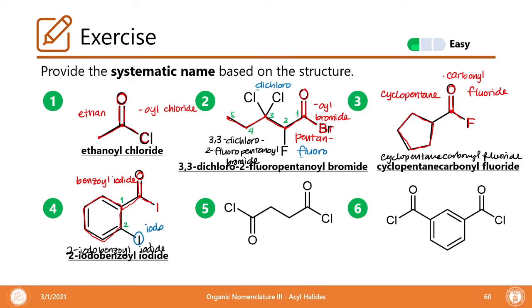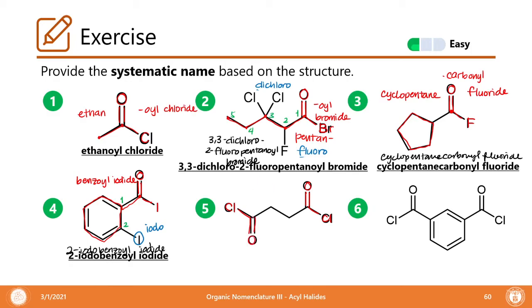Now for number 5. Here we have 2 acyl halides, so we have a -dioyl.